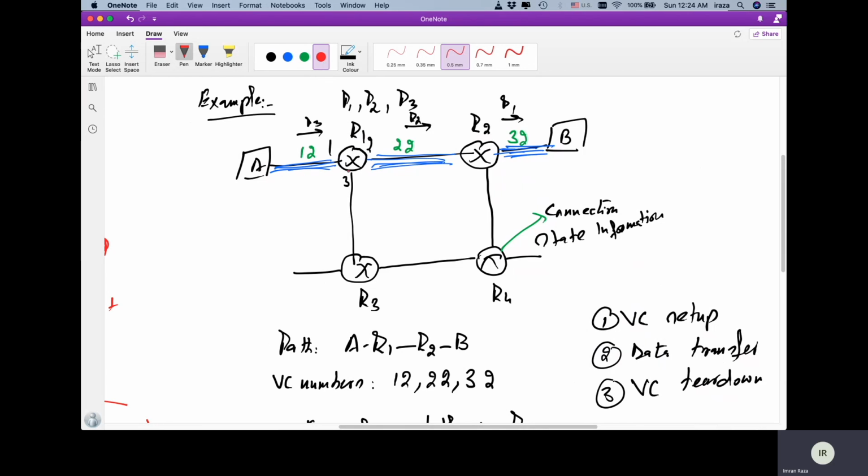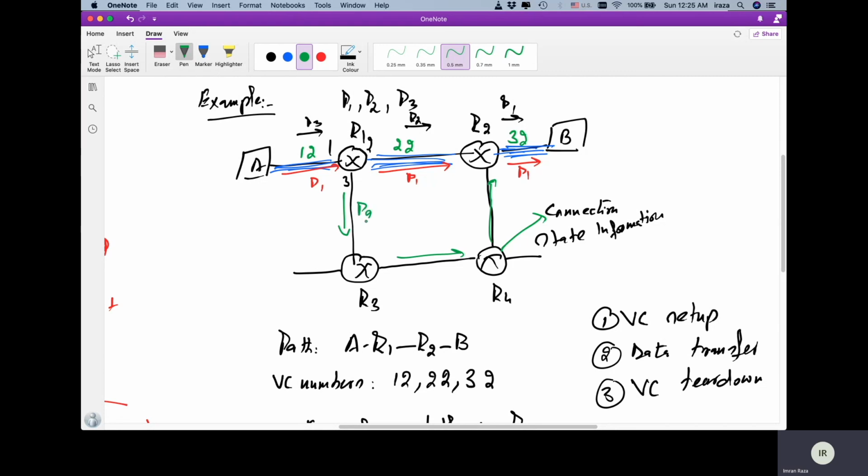But let me take the same example and talk about the packet switch network. If this is a packet switch network, what will happen? It is possible that packet 1, P1, takes this path, and packet 2 takes this path to reach.